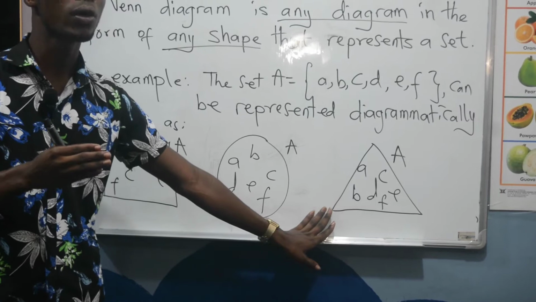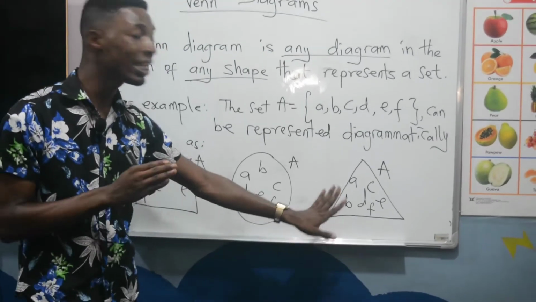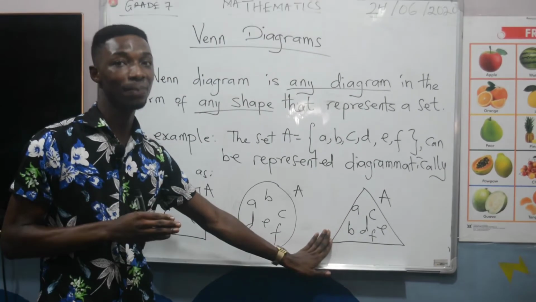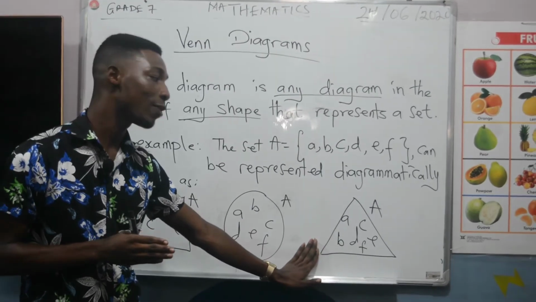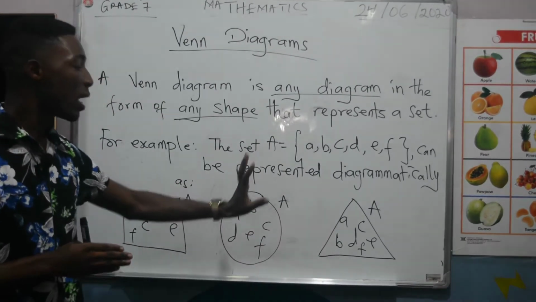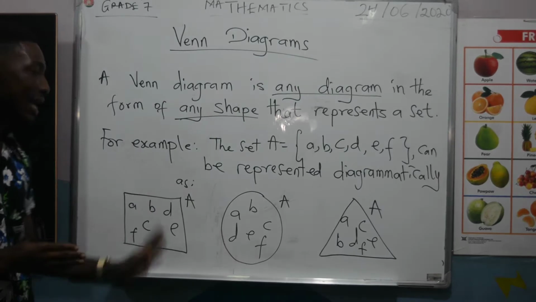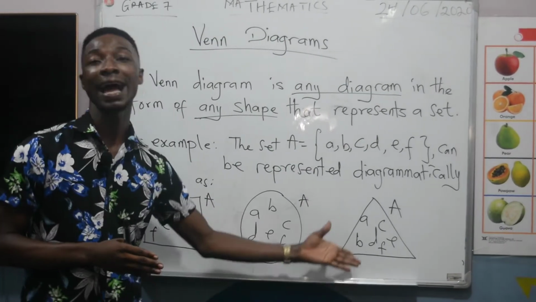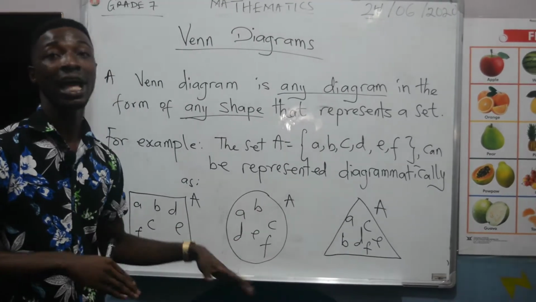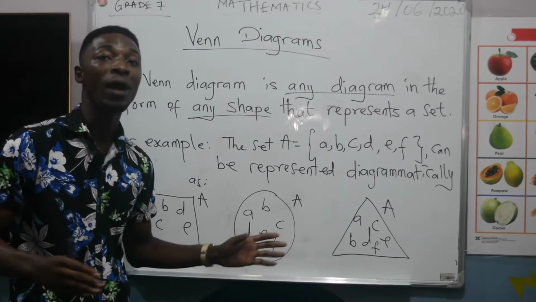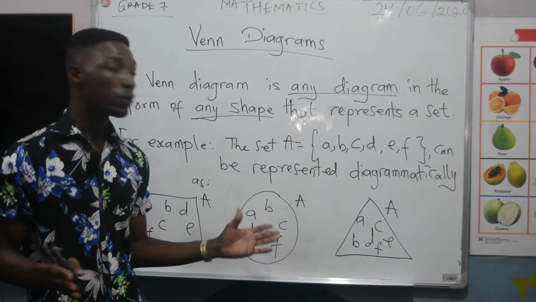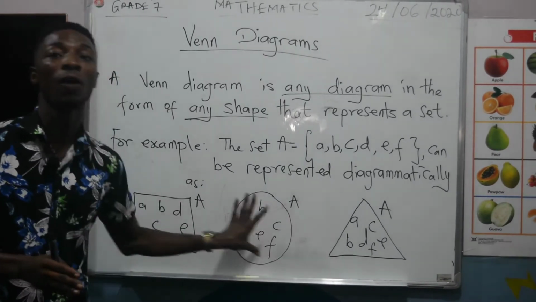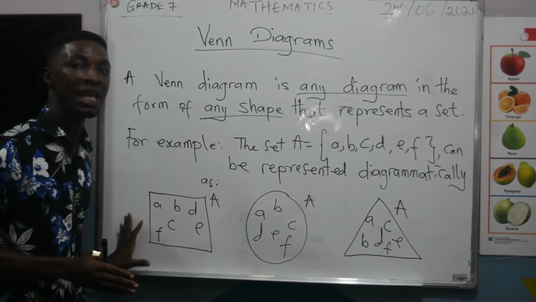Remember, when you draw your diagram, all the elements of the set must be inside the figure you are talking about. So I have represented the same set with a rectangle, a circle, a triangle. I can choose to represent it with oval, star, or any other shape of interest. So representing a set with any of these shapes forms a Venn diagram.